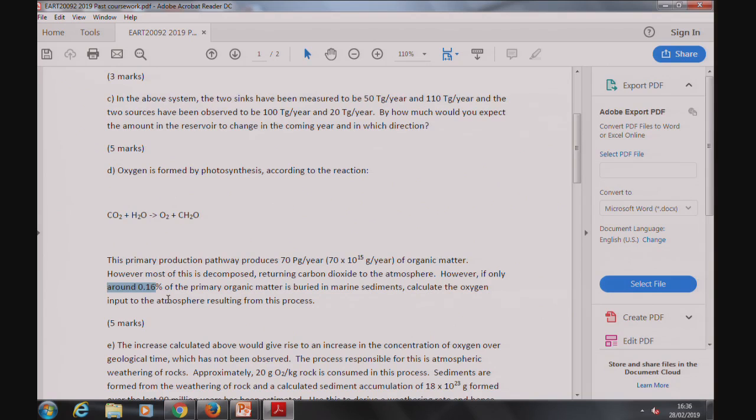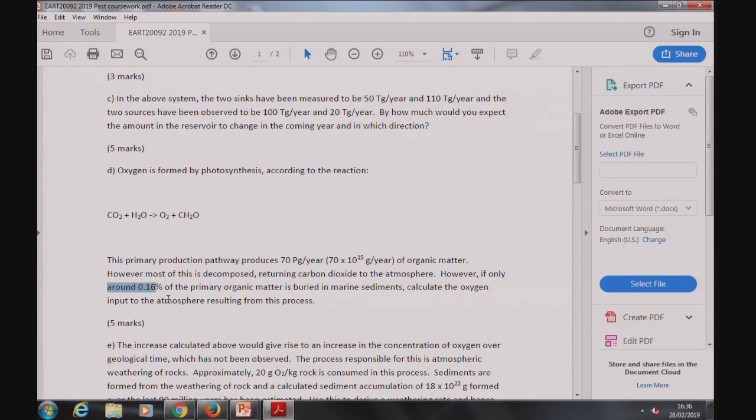Because you're taking the biomass away, so it can't react. You can think of it as an input to the atmosphere, even though it's just not reacting. It's just the oxygen that's left in the atmosphere, but it's still like an input. Okay, right, we're on the right track.